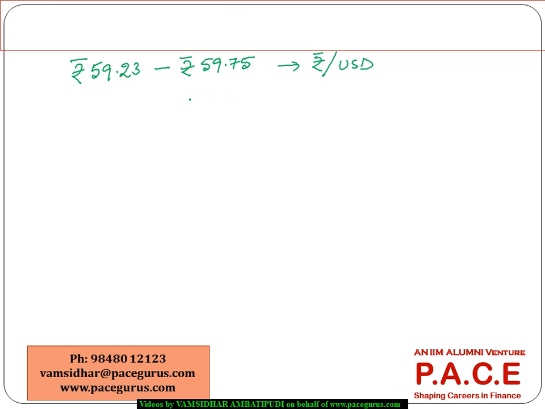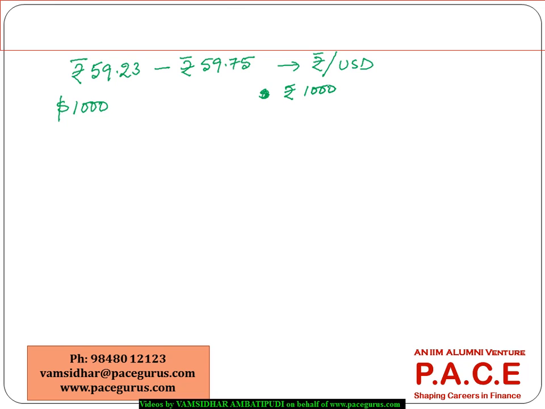Now let's say I have $1,000 with me. So how do I look at this $1,000? Let's say I have $1,000 versus 1,000 rupees. How could I have converted them?